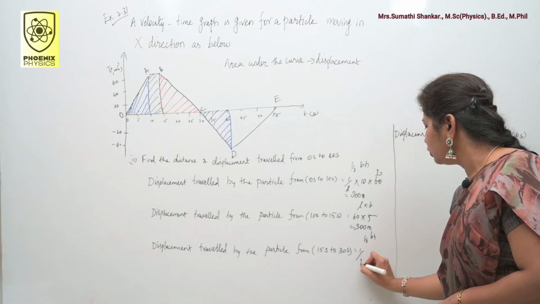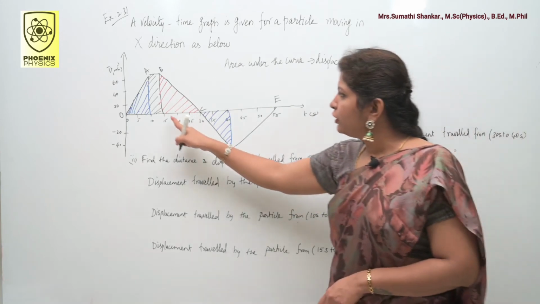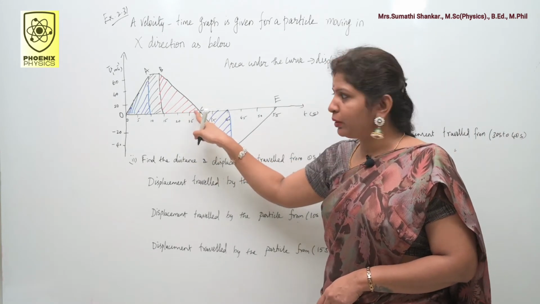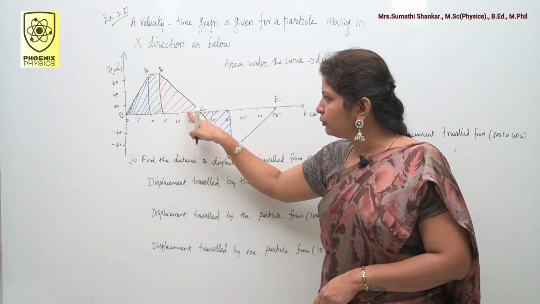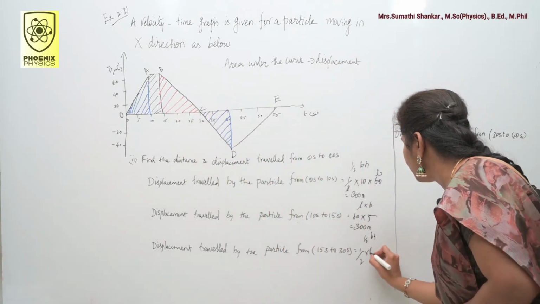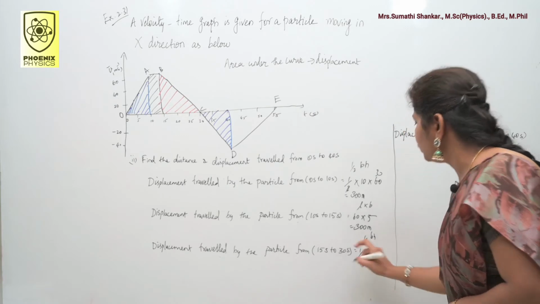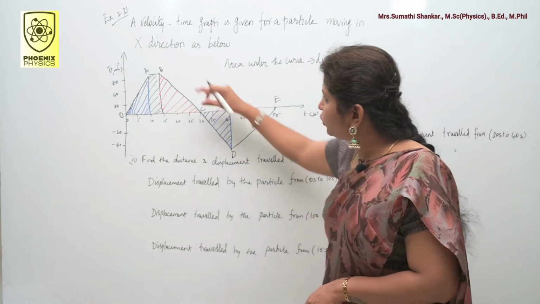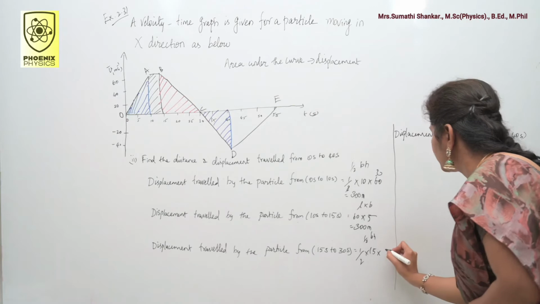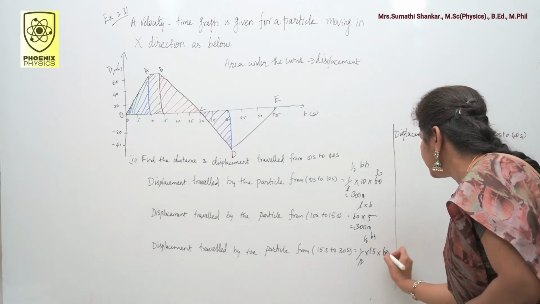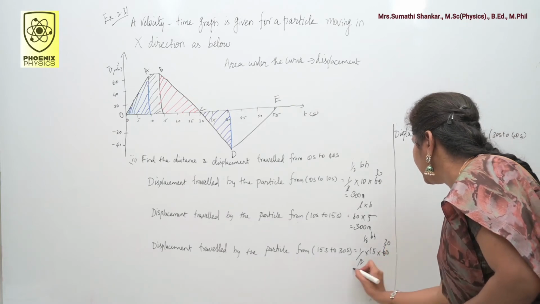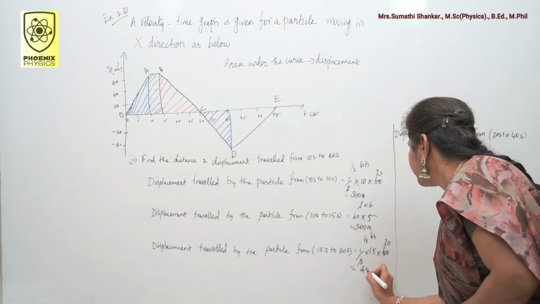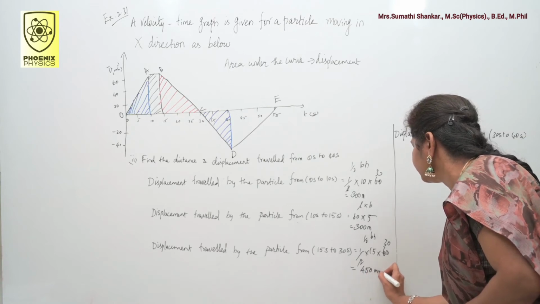Here our base is 15 to 30 second, so 5 plus 10 plus 15. So half into B, which is 15, into H, which is 60. Cancel this 30 and your answer is 450 meter.